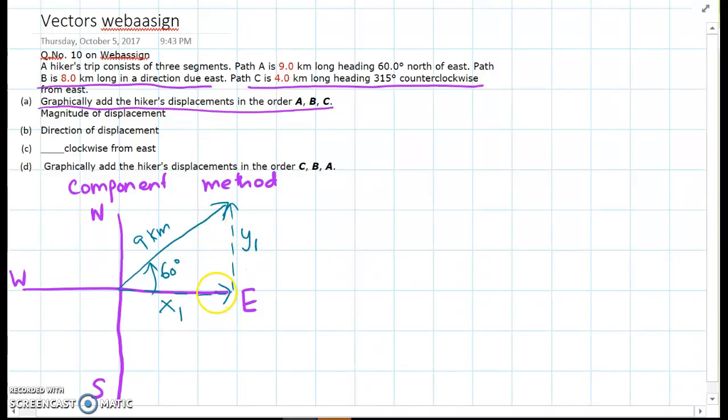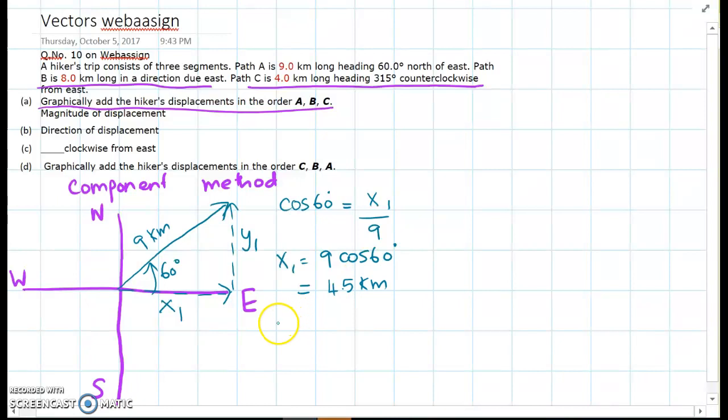We can solve for x1 and y1 using trig ratios. Which trig ratio would you use in order to solve for x1? Right, since x1 is the adjacent side of this angle, we use cosine 60 equals adjacent over hypotenuse, so x1 over 9. So x1 becomes 9 cosine 60, which is 4.5 kilometers.